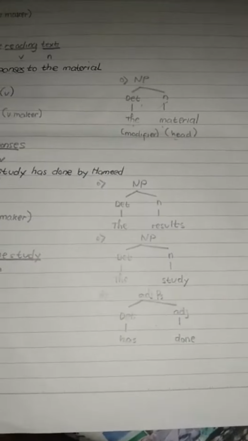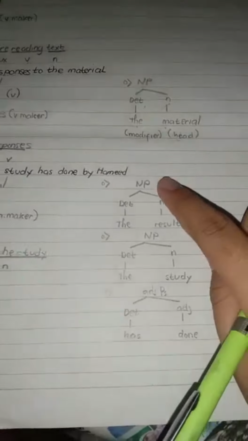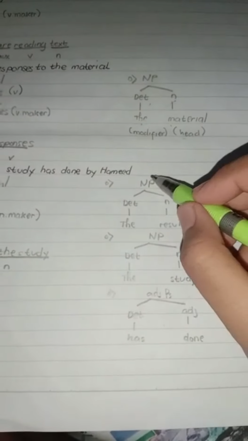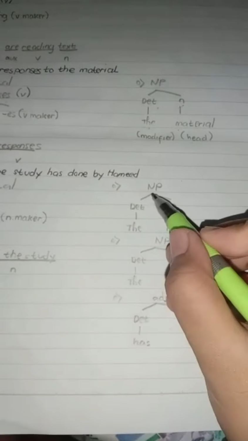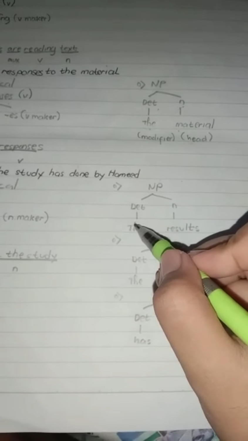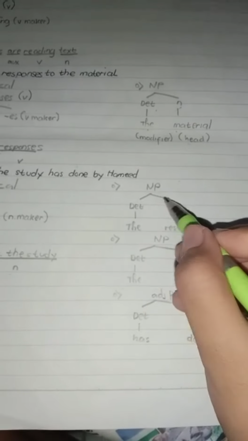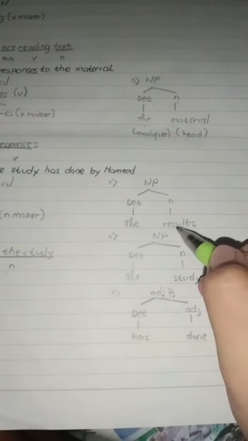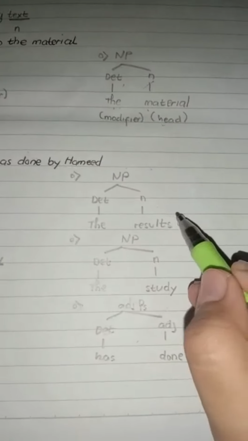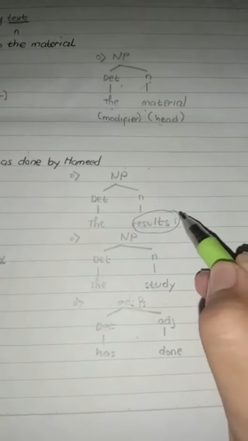Okay, let's continue to analyze the phrasal categories. Here I found 3 phrasal categories. First is noun phrase. It is divided into determiner, which is the, and then noun, which is result, and here is the head.